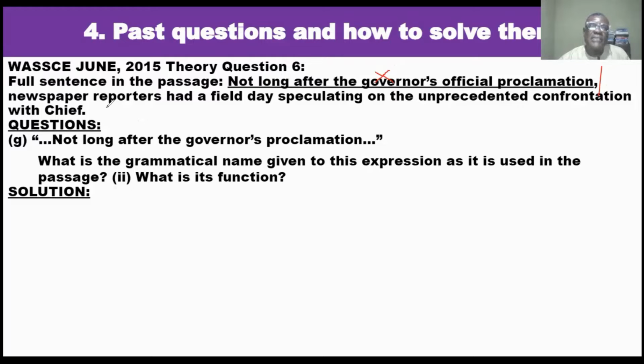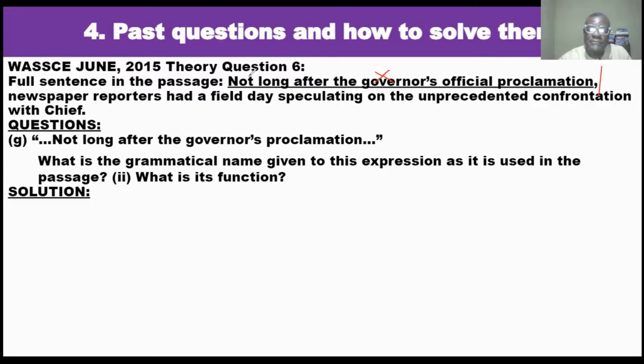And then we read the remaining part of the sentence and we examine the type of question that arises. Based on the question that arises, then we go back to the underlined expression and examine the type of information, the type of answer it can provide to the question. And this will give us a clear clue as to its grammatical name.